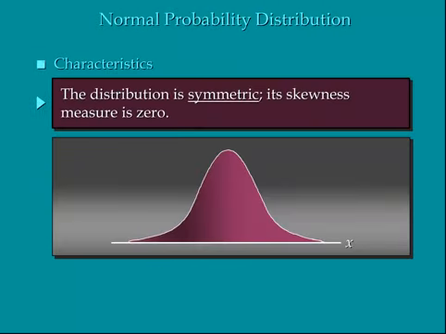Now, the normal probability distribution is symmetric. That's an important matter. We also say that the skewness measure is 0, which is another way of saying it's symmetric. Here we have the curve. We would often call this the bell curve because it has a very obvious bell shape.